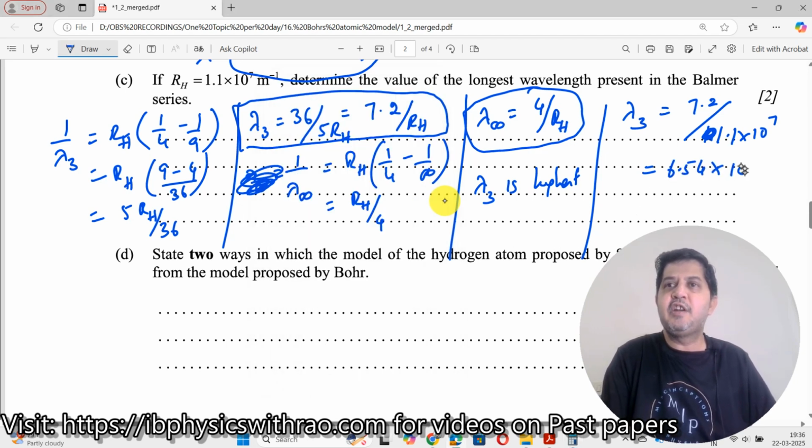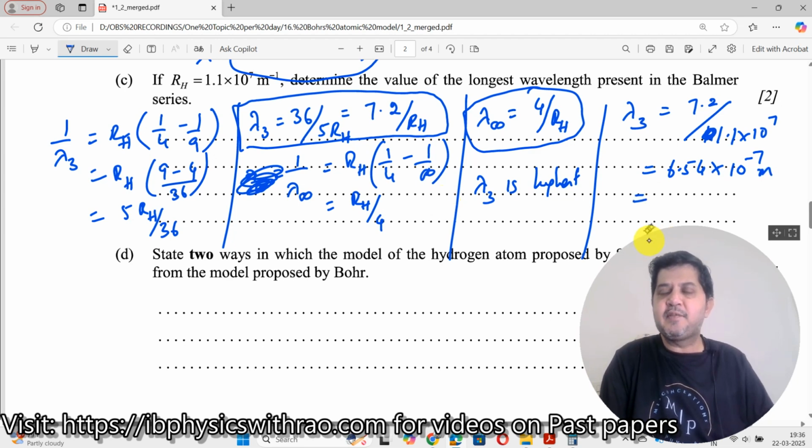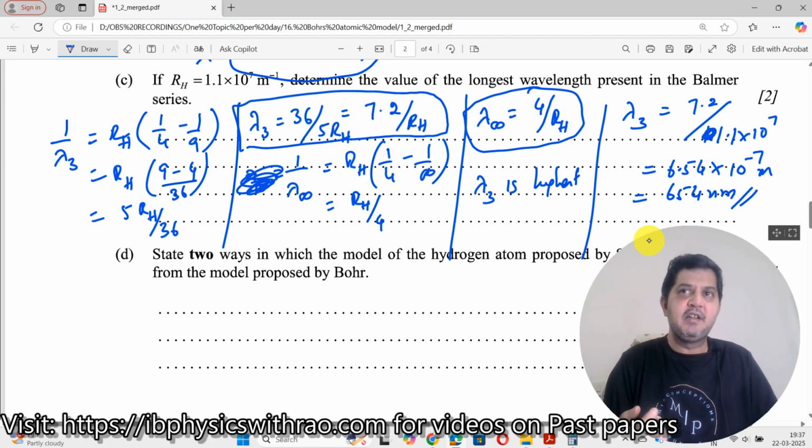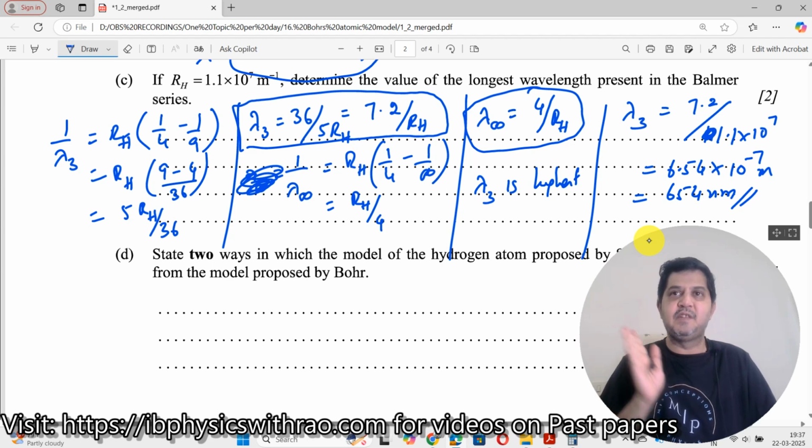So 6.54 into 10 to the power of minus 7 meters, which corresponds to around 654 nanometers. That is what they saw when they conducted the experiment. For hydrogen gas, they found that a red color line was seen. The first line was a red line, which corresponds to 600 to 700 nanometers.